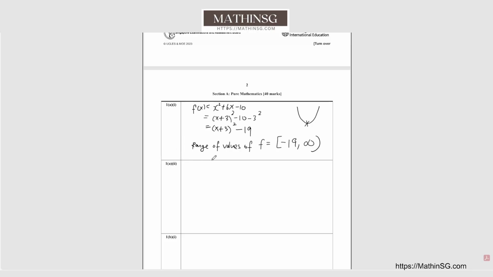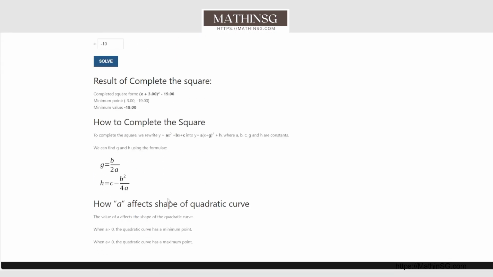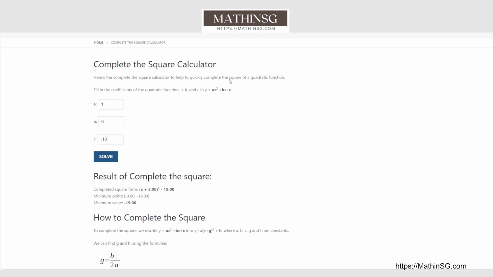Completing the square is part of the additional math that we have done in additional math and also E-math in secondary school. I talked more about how to complete the square in this blog post here. There is also a complete the square calculator where you can put in the coefficients a, b, and c of the quadratic equation, and then it gives the completed square form.